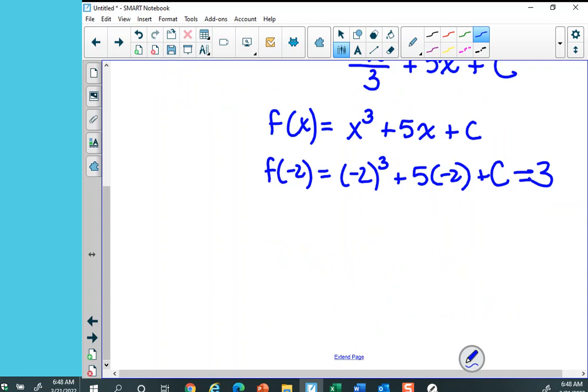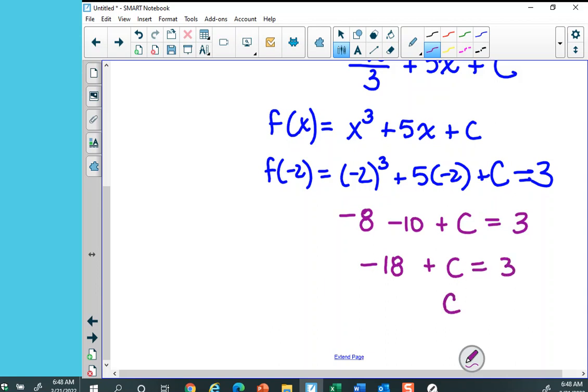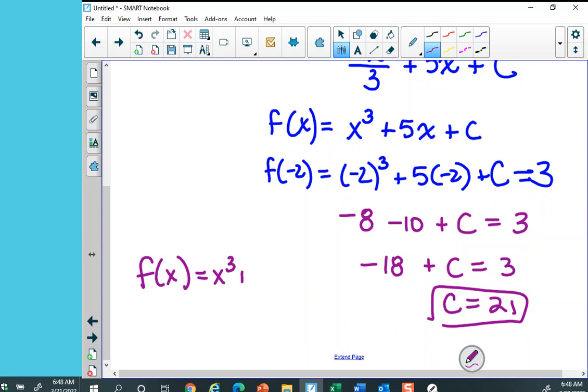Try your C now. So don't forget the last step.